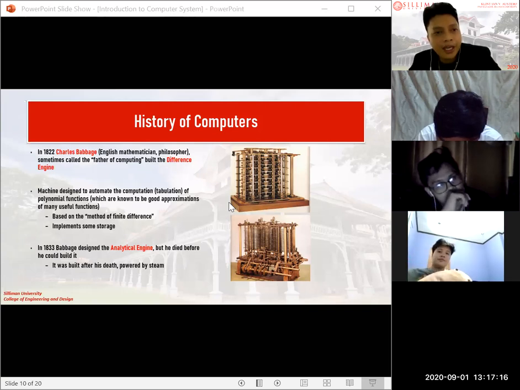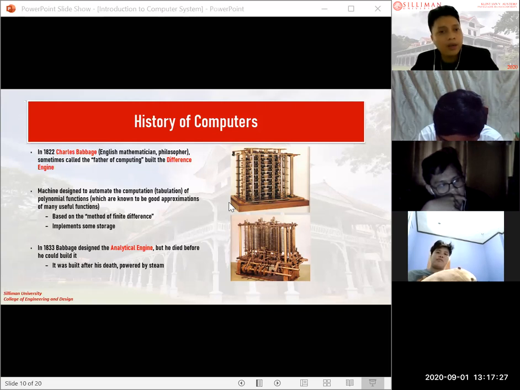This difference engine was usually placed in boats to fire accurate cannons in World War I and World War II, to calculate the trajectory of cannons during that time.